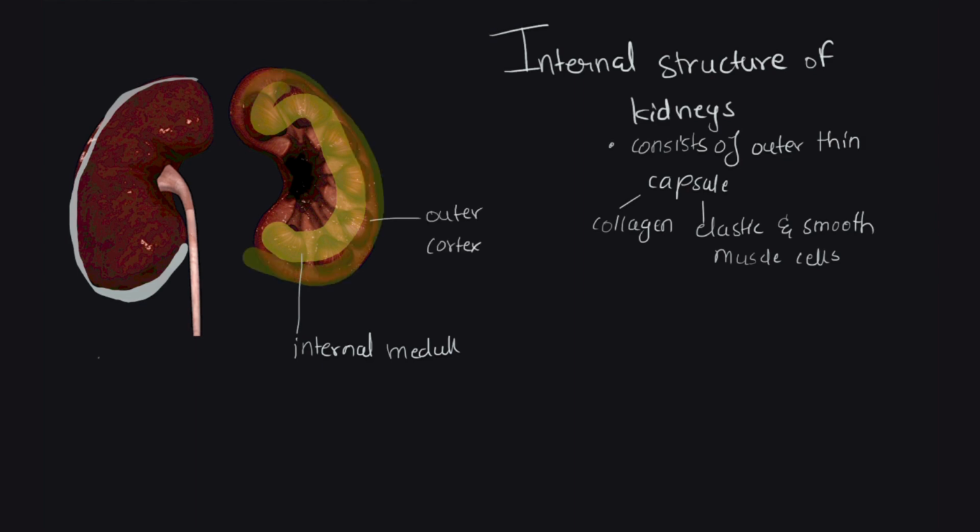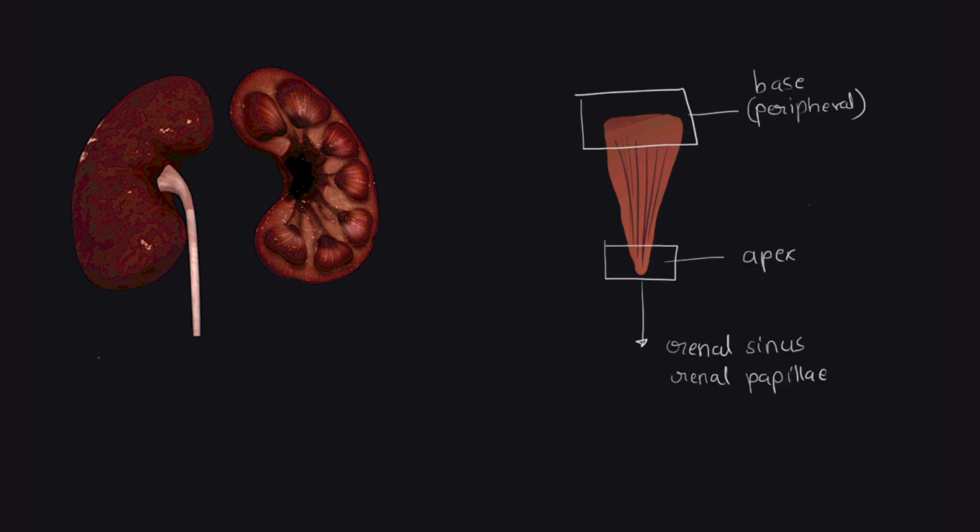Now, let us take a look internally at what the medulla consists of. The medulla consists of the renal pyramids. As I said, renal pyramids are pyramidal in shape. The outer side is known as the base, which is the peripheral region. Then it has an apex that is the inner region that projects inside the renal sinus. Now, what is the renal sinus?